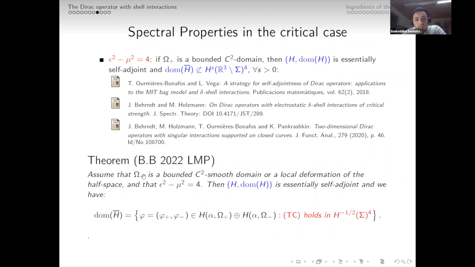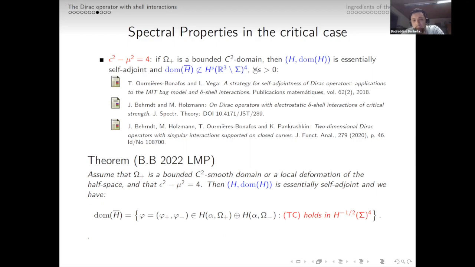If we assume that omega plus is a C2 smooth domain or just a local deformation of a hyperplane, then omega minus and omega plus will be unbounded domains, and under this condition, our operator is essentially self-adjoint, and the closure is given by this. So we still have here a transmission condition in H^{-1/2}.